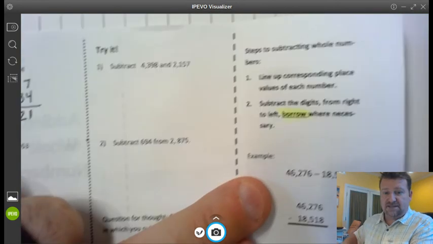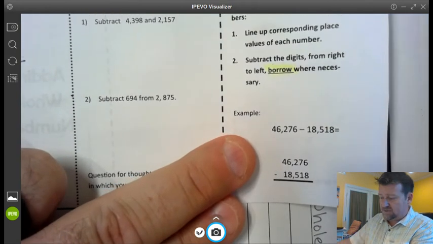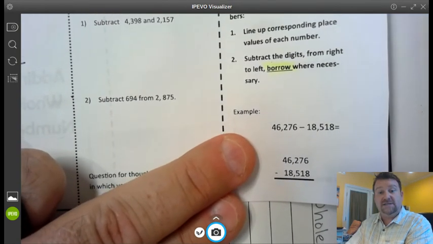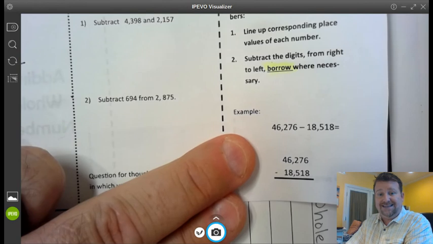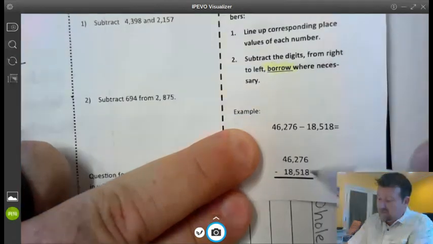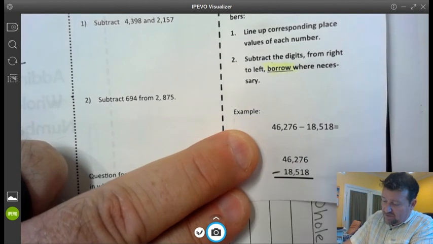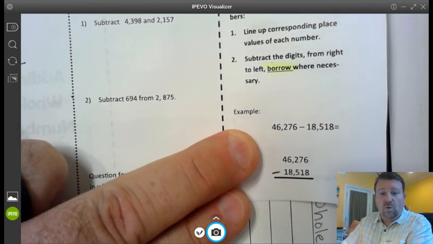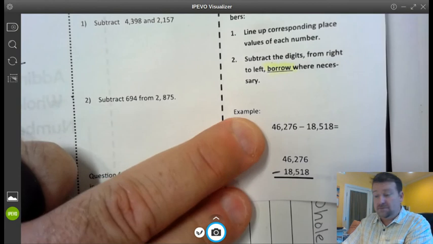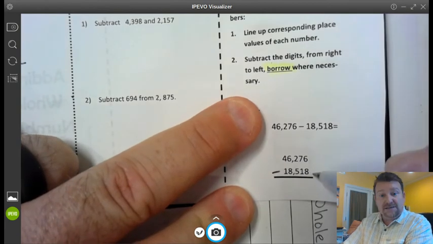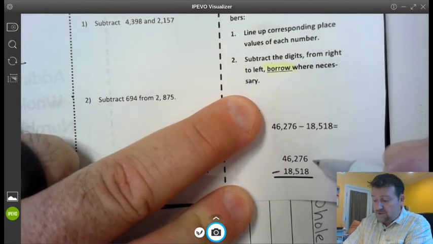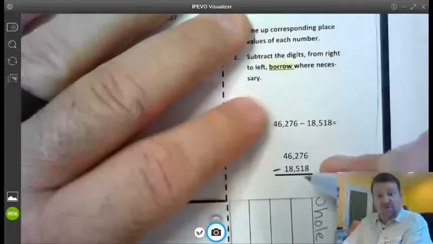So the example I give you down here is 46,276 minus 18,518. Notice that we have to line up each given place value before we subtract. What's important here is we recognize that we have to borrow. We cannot subtract 8 from 6, so we're going to borrow a digit from the 7.